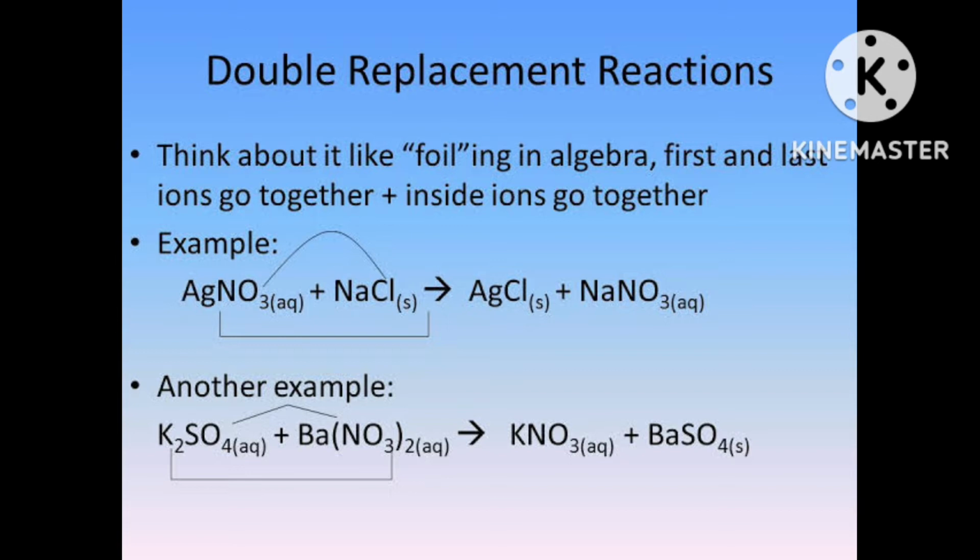And one more example I am giving you. 2Fe solid plus 3H2O. Then it will give Fe3O4, not Fe3O4, Fe2O3. It gives Fe2O3 plus 3H2.